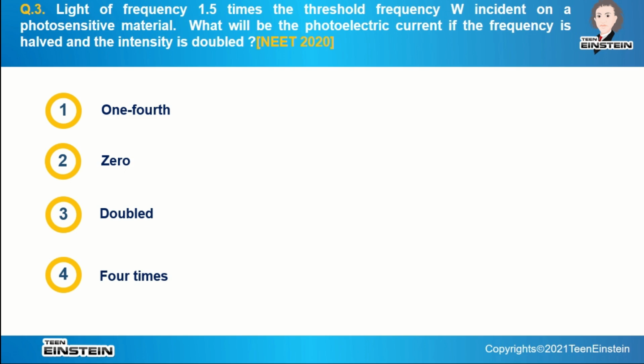So no photoelectrons would be emitted, and the photoelectric current will become 0. Okay, because the incident light frequency is lesser than the threshold frequency, there will not be any photoelectric effect taking place, so the number of photoelectrons emitted will be 0. So the correct option is option 2.